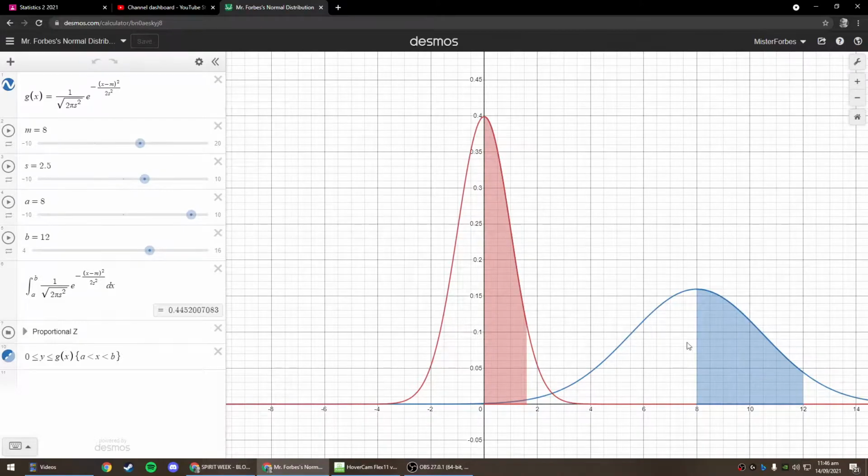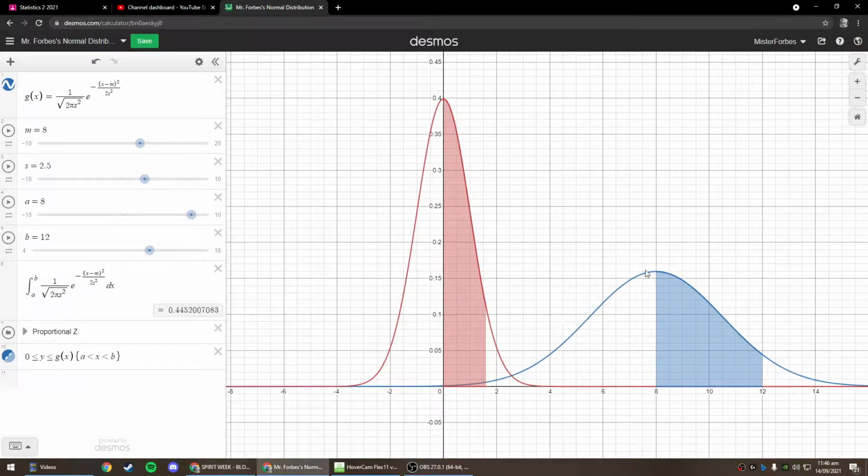So that's the red one. Let's say that the blue distribution here is our random variable, the actual thing we're looking at, such as maybe kiwi weights or the bar of soap weight, and then we've translated that x value to a z value.